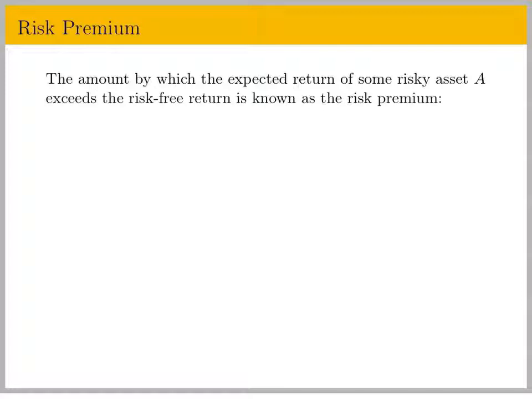So now let's define the risk premium. The risk premium is the amount by which the expected return of a risky asset, and I can call it A here, exceeds the risk-free return. So in fact, we just take the difference between the expected return for the asset at time t minus the risk-free return at time t.